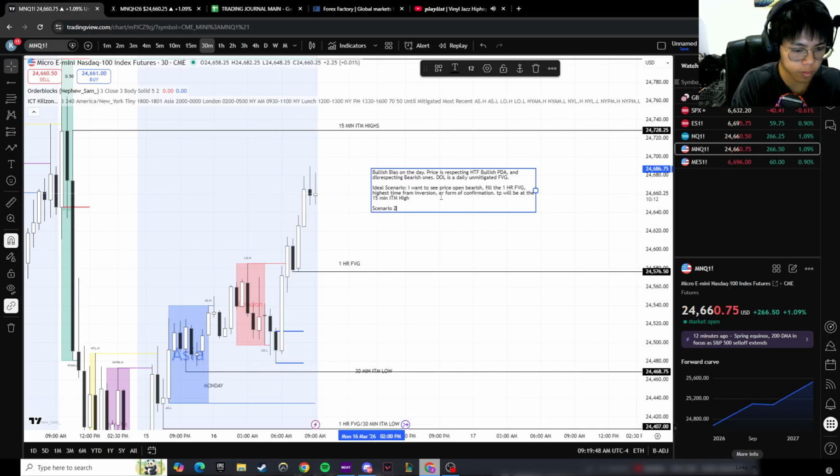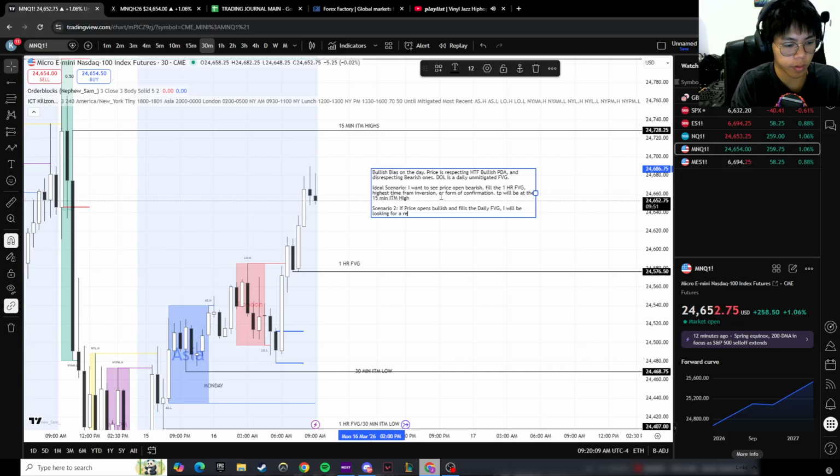Scenario 2. If price opens bullish and fills the daily FVG, I will be looking for a reversal and to short from that key level.